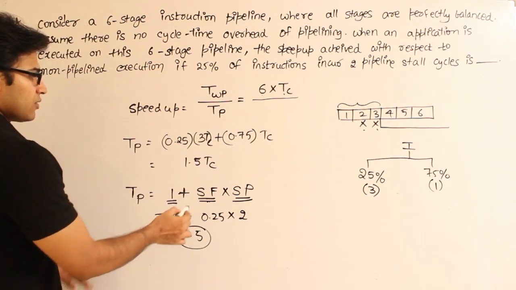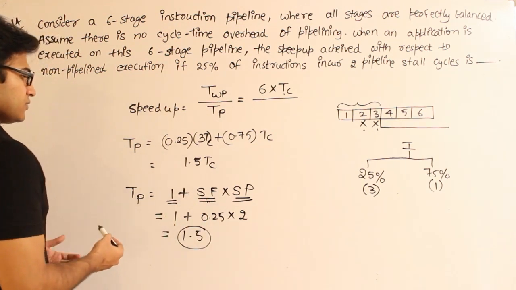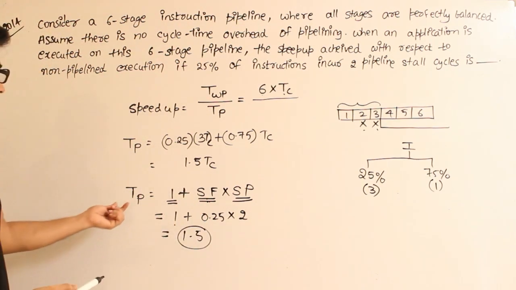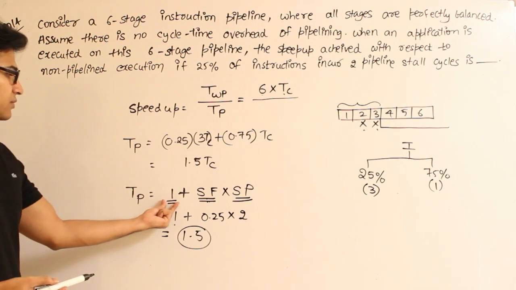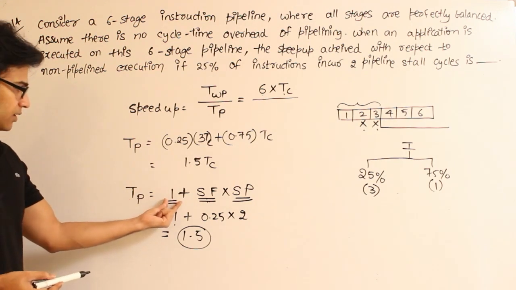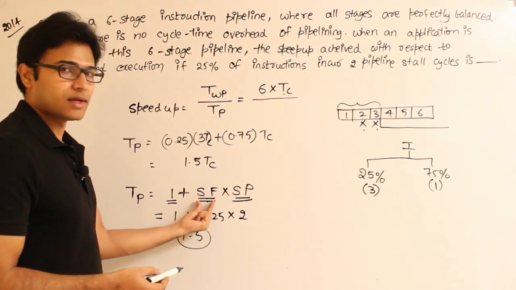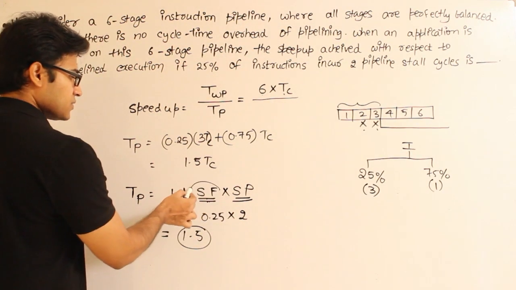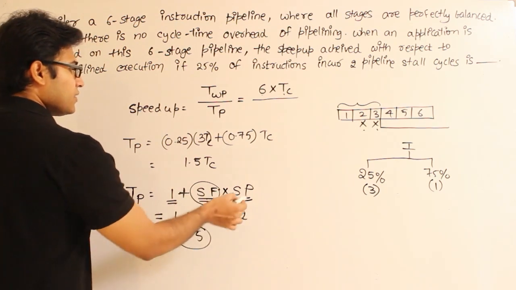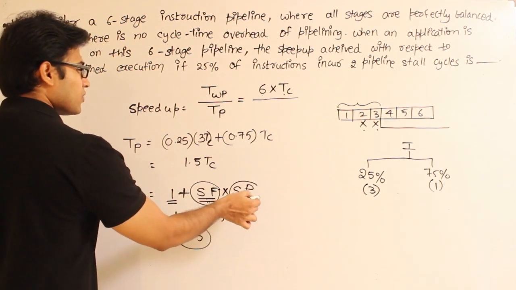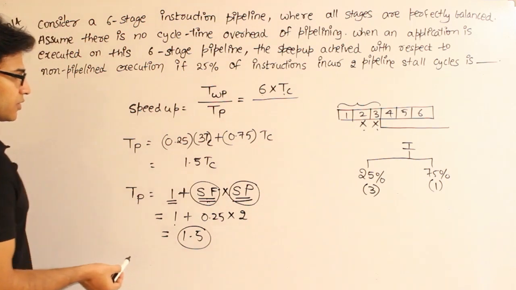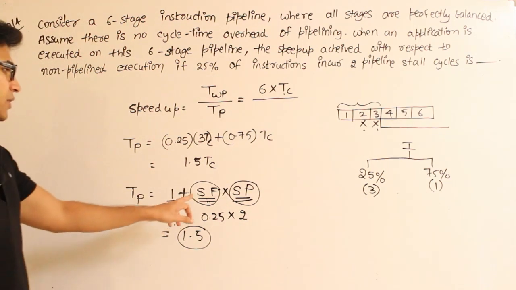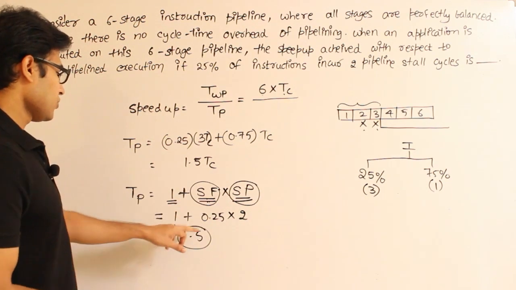In general, if there are no instructions causing stalls, then the number of clocks per instruction has to be 1, right? But because of the stall instructions, it has to be more than 1. How much more depends on the number of such instructions which cause stalls and the number of cycles we have to stall because of them, both of them, right? And anyway we got 1.5.